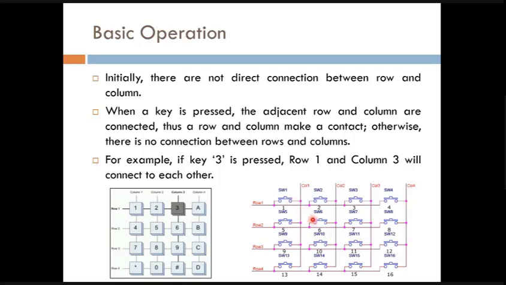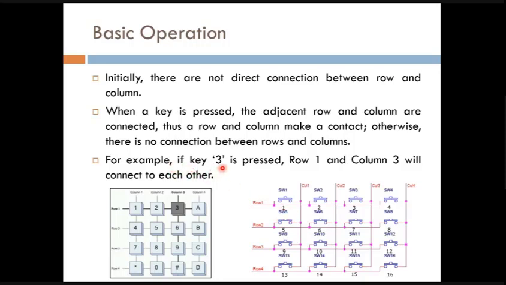When the user presses, the column and the row will be connected by the switch button. If the switch button is released, there will be no connection. Definitely independent, it's separate.